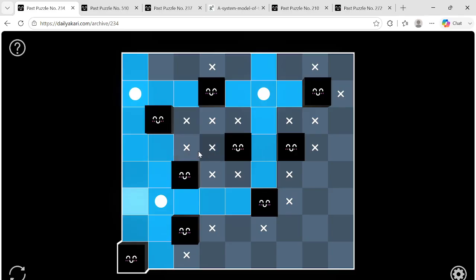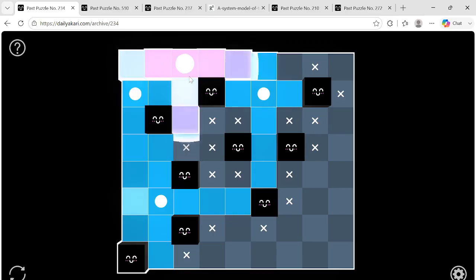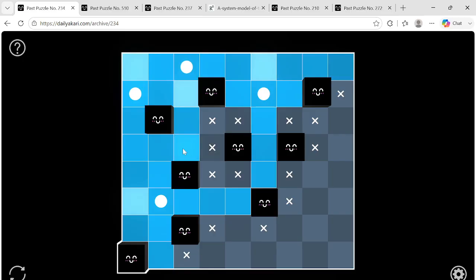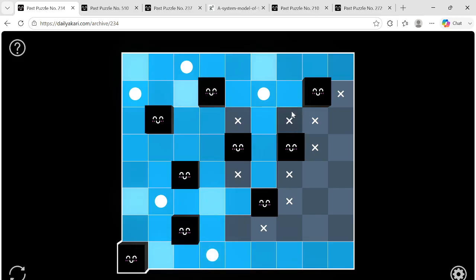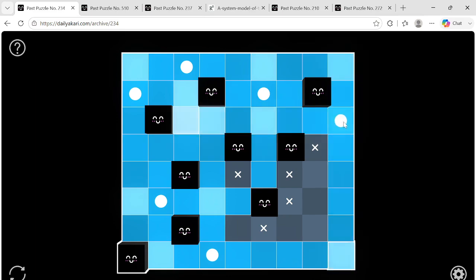And now we have another dead corridor here, and this is almost dead, so this is a hero here. Down here, and this is dead, this is almost dead, so a hero here.